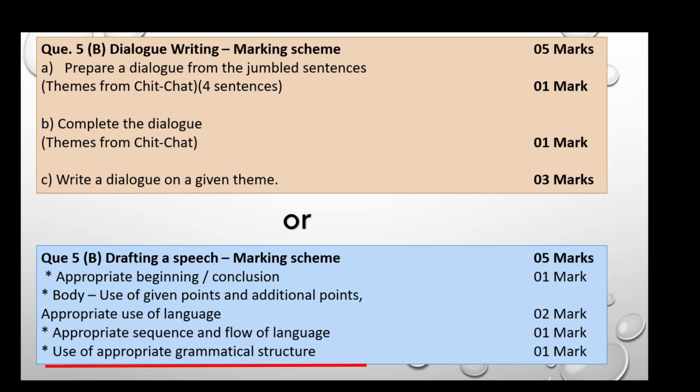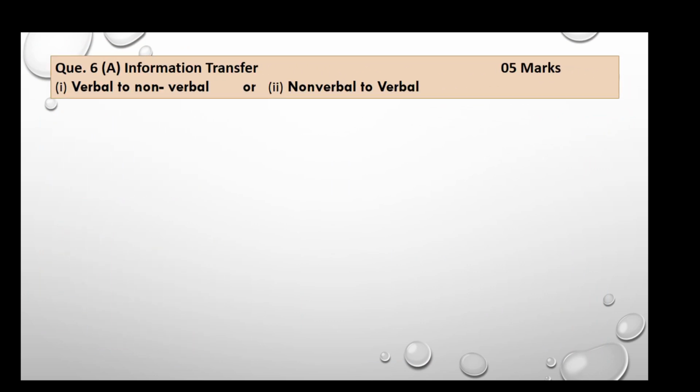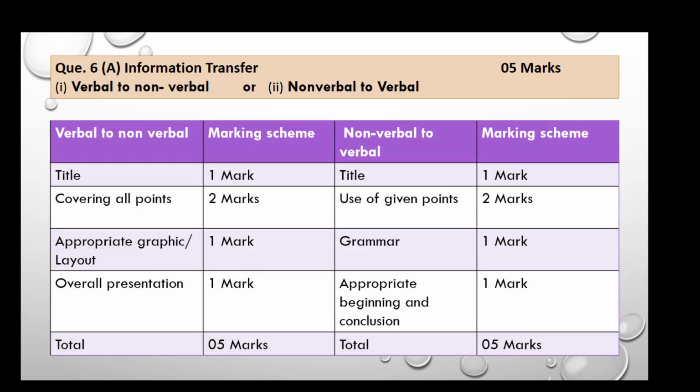Next, question number 6, information transfer for 5 marks, and there are options: verbal to non-verbal or non-verbal to verbal. Marking scheme of information transfer is given here.